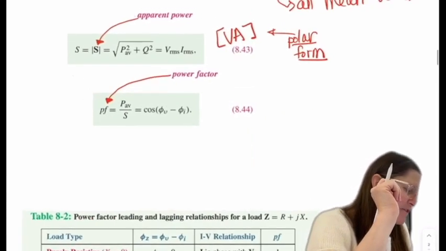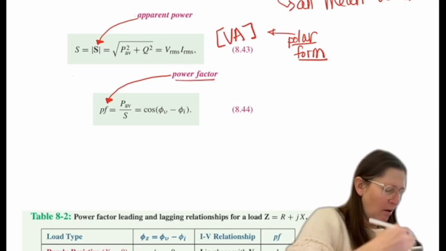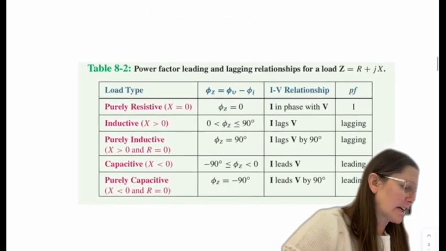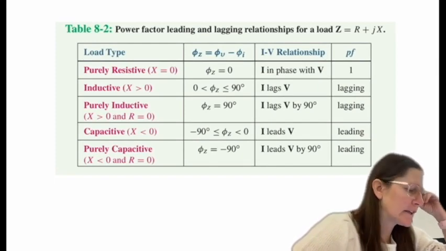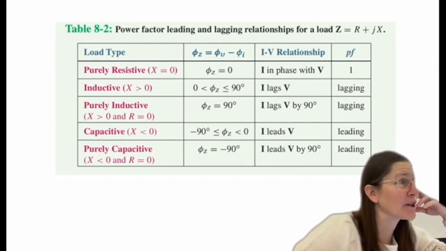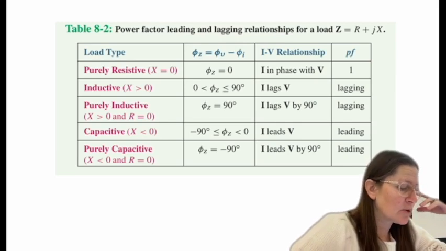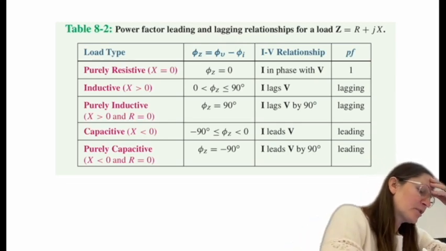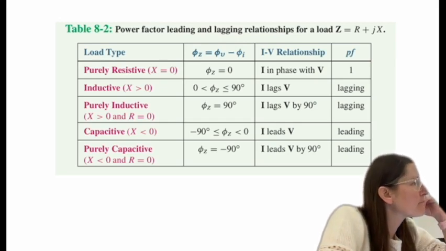Then the last part of this is called the power factor. What the power factor does is tell you if you have a leading or lagging relationship for a load. If you're purely resistive, then your PF is 1.